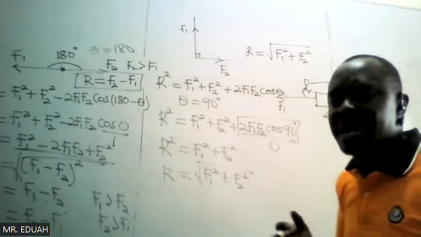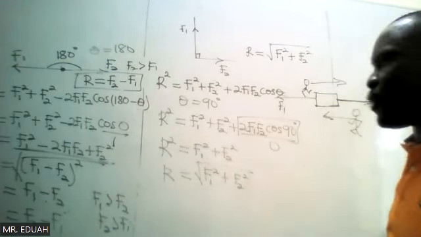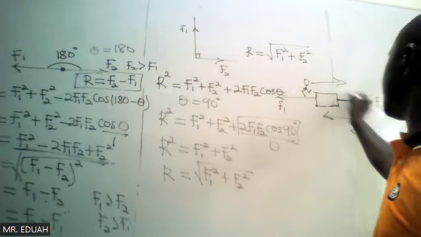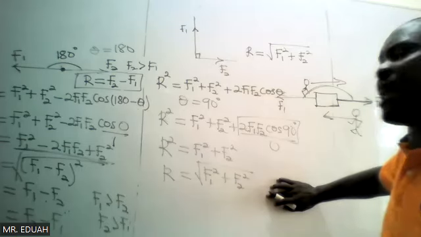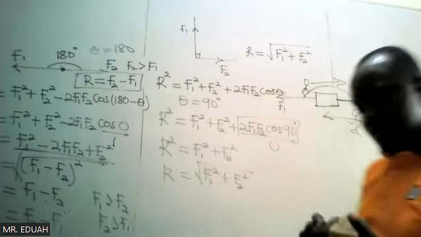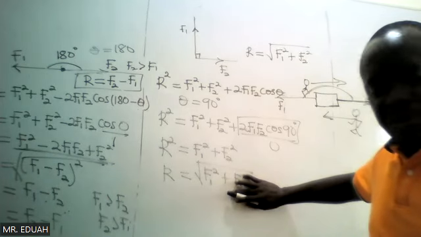The direction of the forces is opposite to one another, so theta is equal to 180. When they are along the same direction, theta is 0. All right. Can we continue?